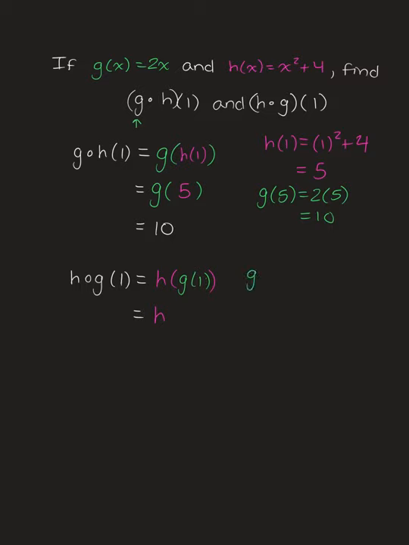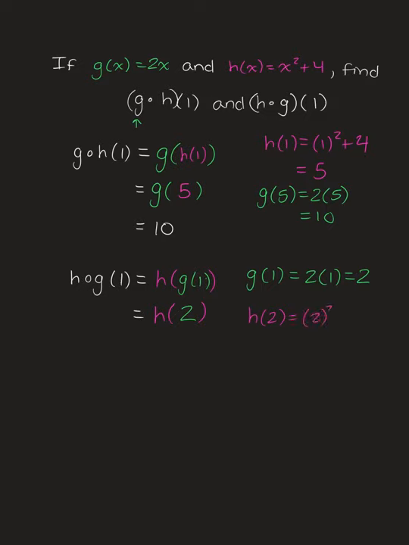So if I evaluate g of 1, that would be 2 times 1, which is just 2. So now that's what I plug in to h of x. Okay? So now I have h of 2.